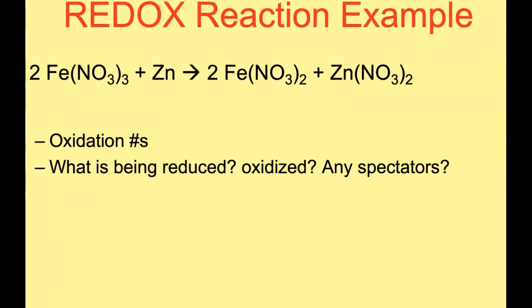And then what you can do is use these in an oxidation reduction reaction. So here's an example of an oxidation reduction reaction. Yes, it's also a single replacement reaction because zinc is replacing iron. But then zinc is also with NO3 as a product.